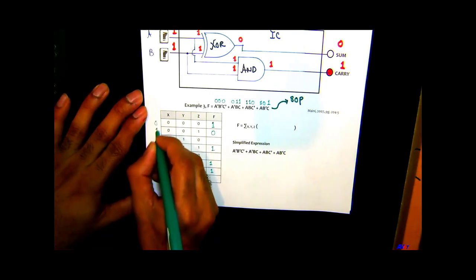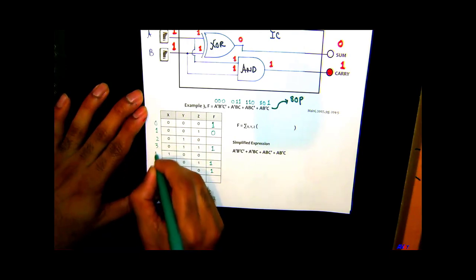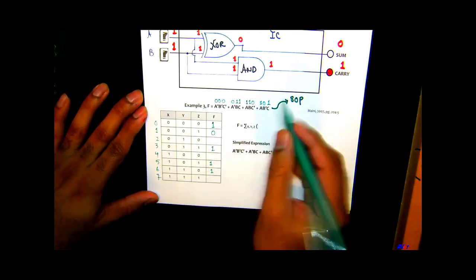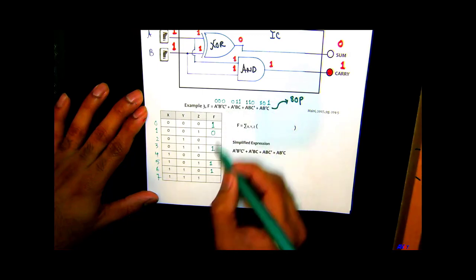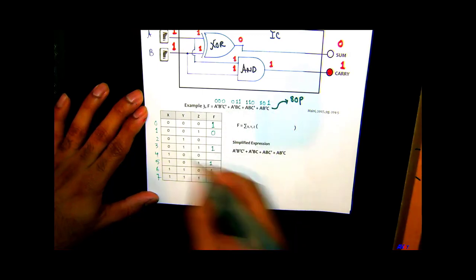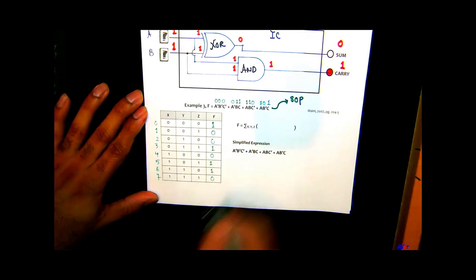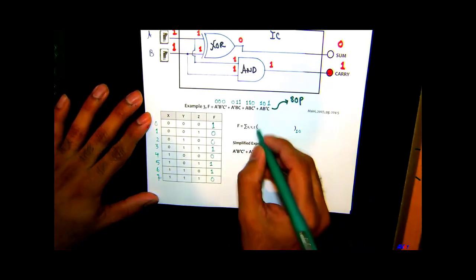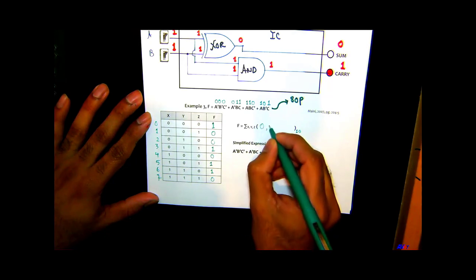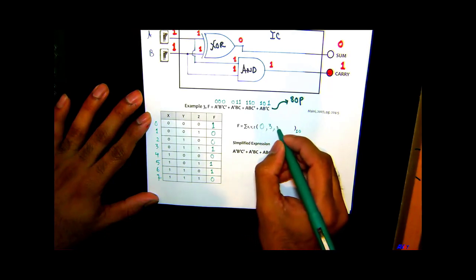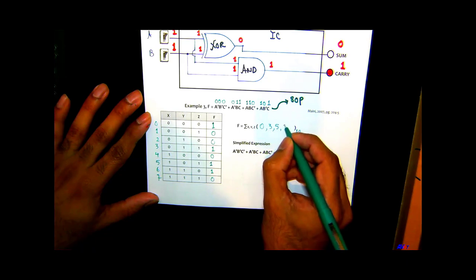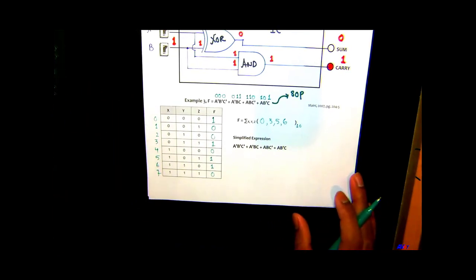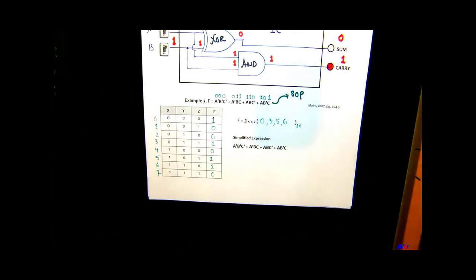So we got 1, 2, 3, 4 minterms, and the rest are all zeros. In decimal, if I wish to write, this would be 0, 3, 5, and 6.